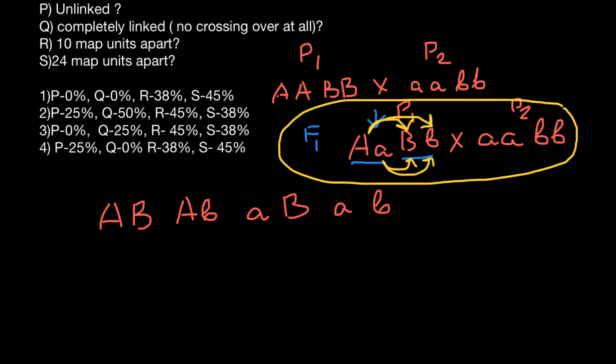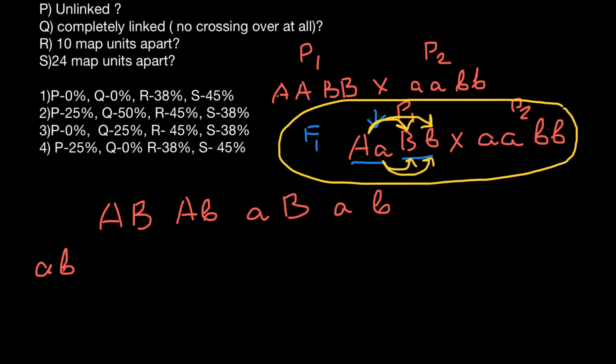And parent 2 can only produce one type of gametes. Again, gametes are haploid, so parent 2 can only give alleles small a and small b.